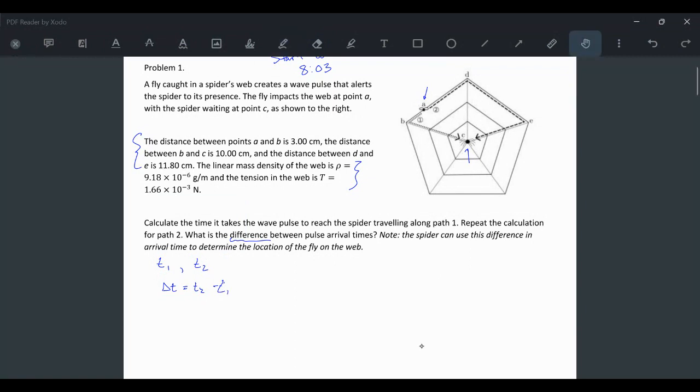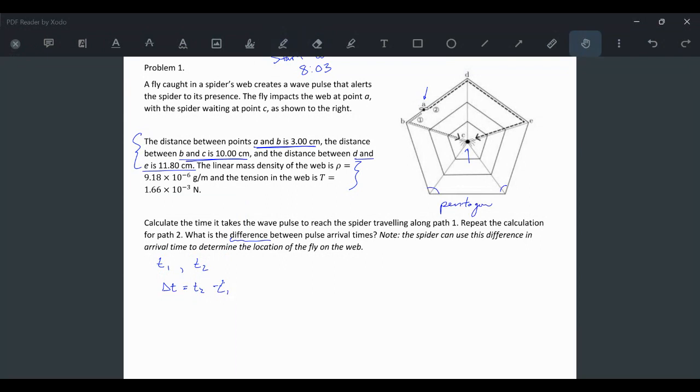We can pretty easily, from the information that's given here, we're given the distance between A and B, B and C, and then B and E. And we can figure out that this is a regular pentagon, which means all 5 of the external sides are the same length. All the angles in here are all the same.